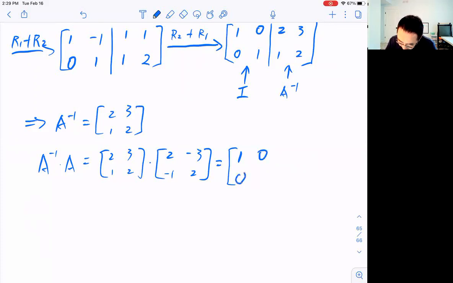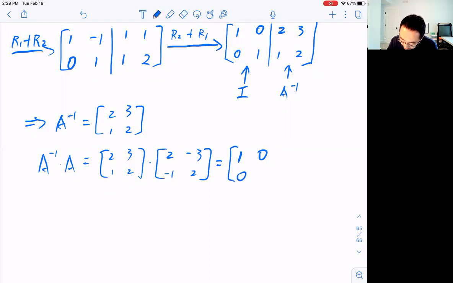Now the second row, first column, equals 1 times 2 plus 2 times -1, because it's this number times this number plus this number times that number. That's how matrices multiply each other. And that is 2 minus 2, which is 0.